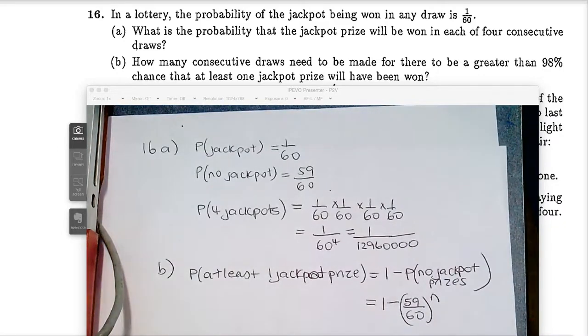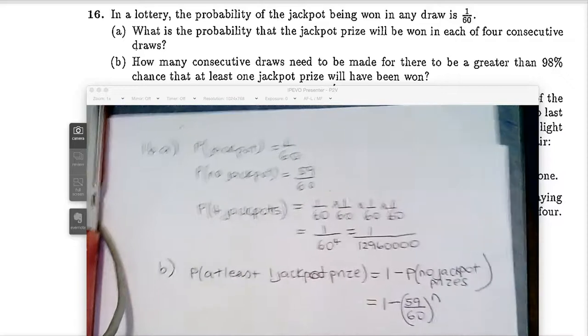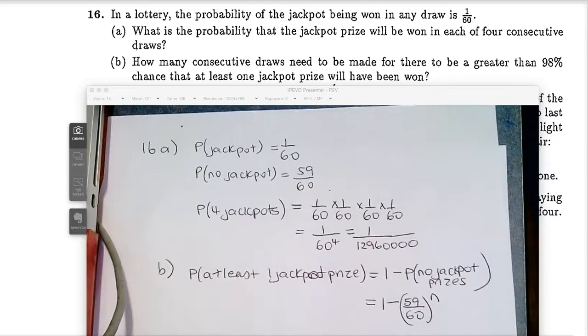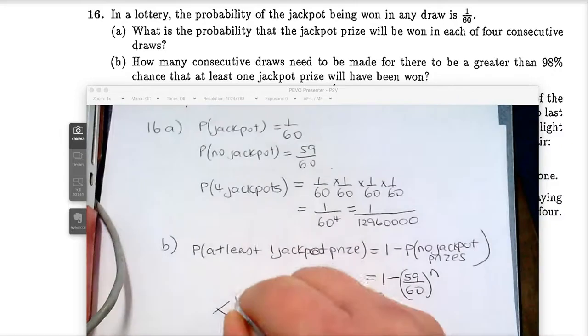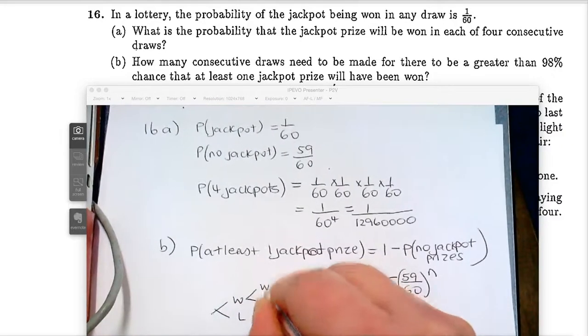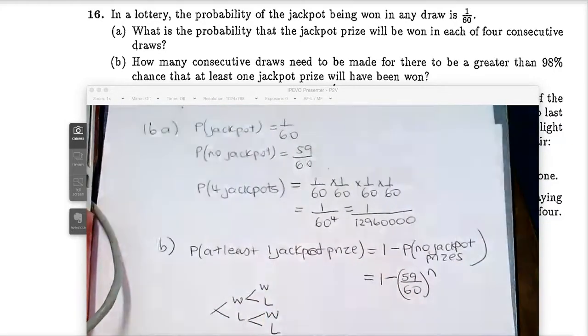Girls, tell me the probability of the jackpot being won in 2 draws. Couldn't you lose first time and then win? Win and then lose? And if you want at least one jackpot prize, you could lose and then win, or win and then lose, or win twice. So for 2 draws, it would be win-lose, win-win, lose-win, lose-lose.